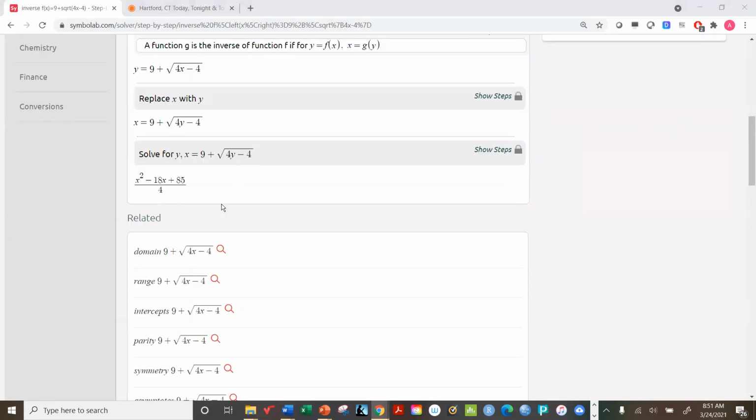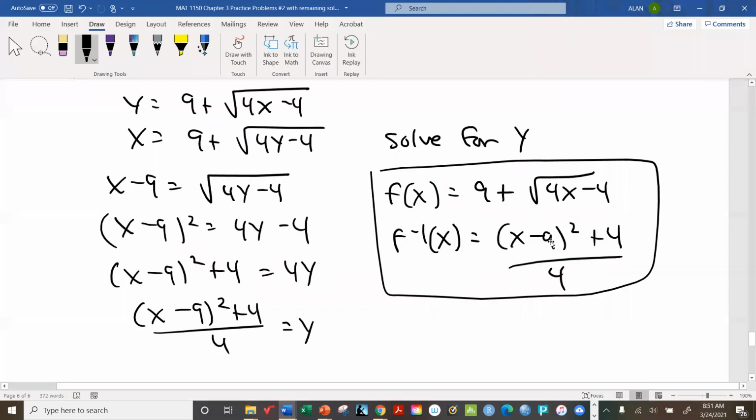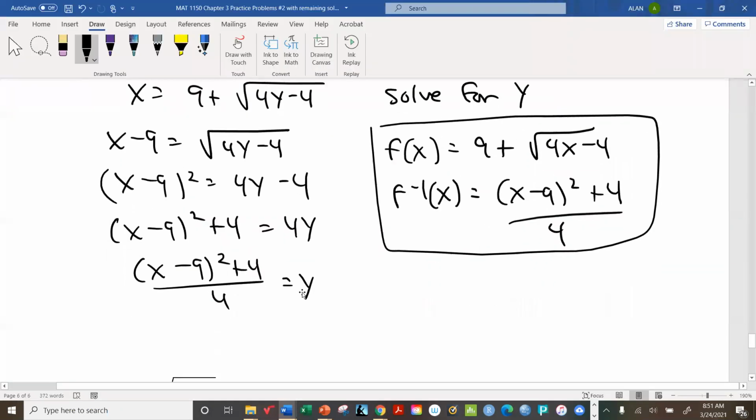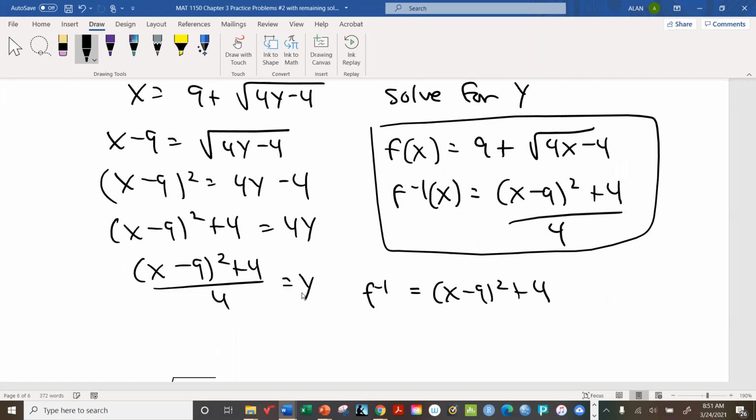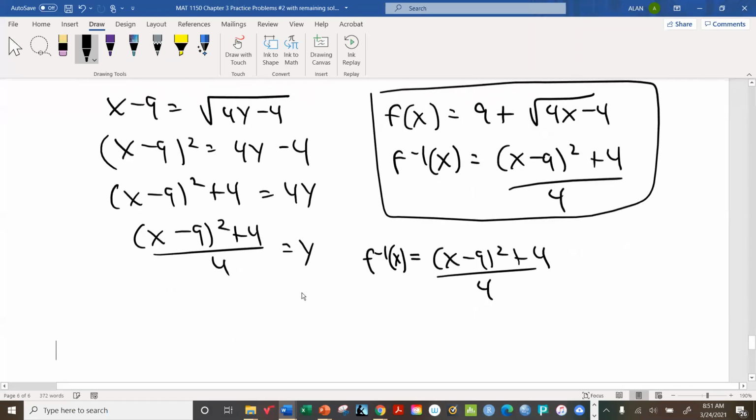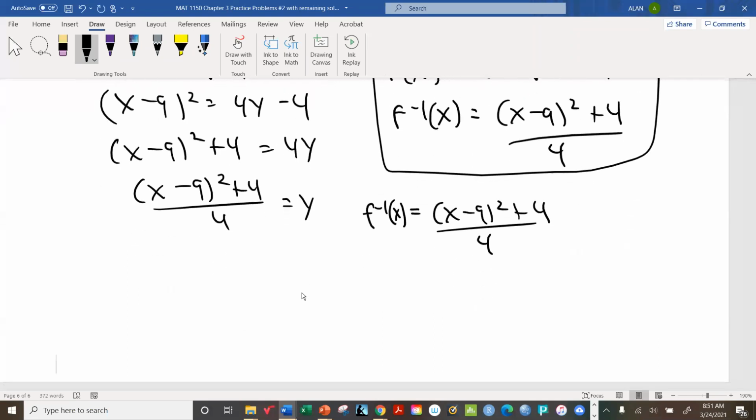Oh, you know what they did? Okay, I know. See what they did was they wrote it out, the x minus 9 squared. They expanded that. X minus 9, that would give us x squared plus 18x minus 81.